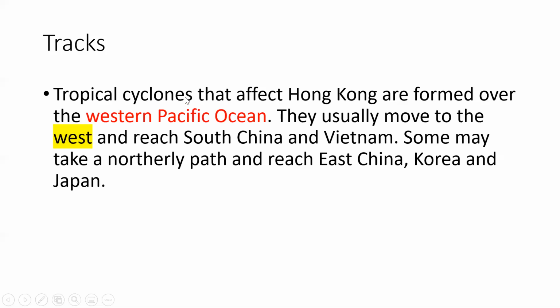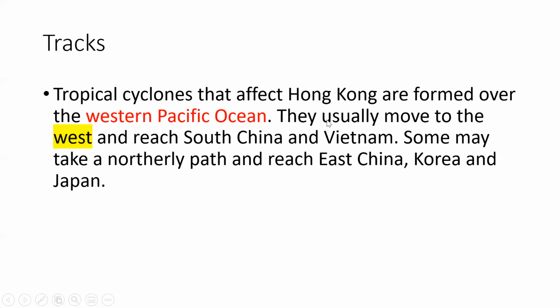Next, tropical cyclones affect different areas of the world, but the tropical cyclones, typhoons that strike Hong Kong, are formed over the Western Pacific Ocean. Okay, remember, 西太平洋 Western Pacific Ocean is where the tropical cyclones are formed.